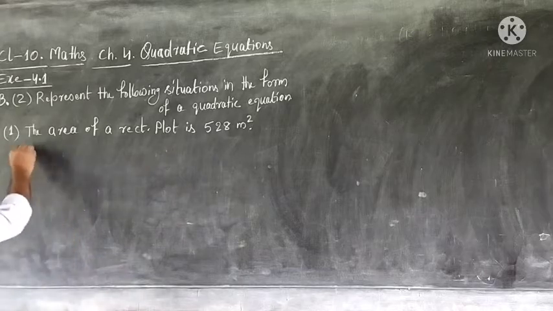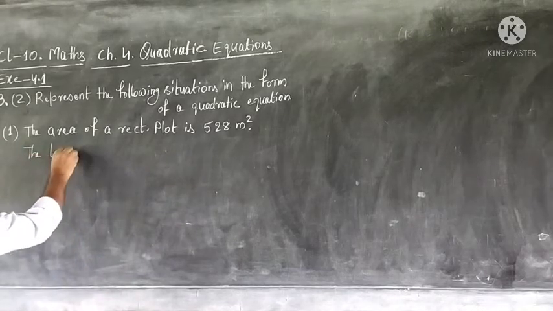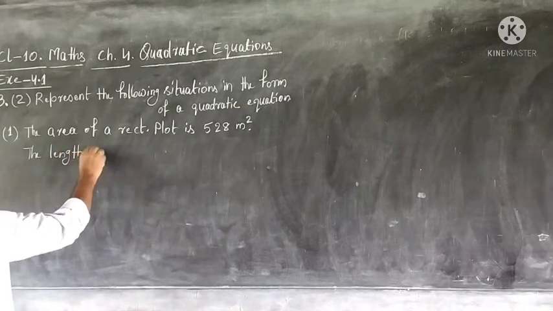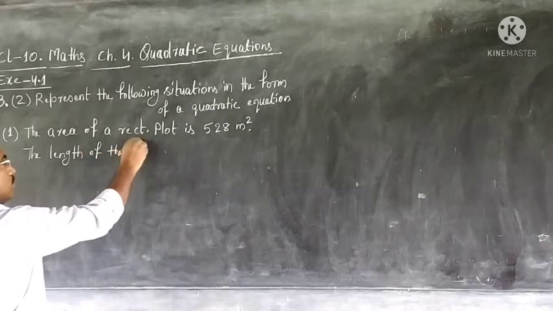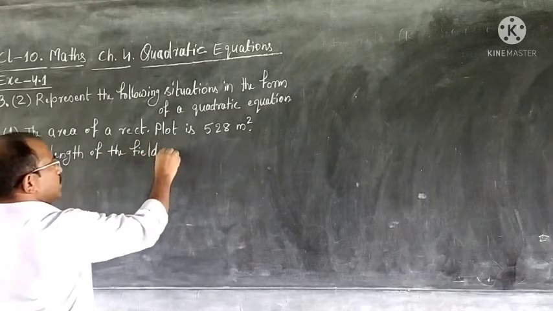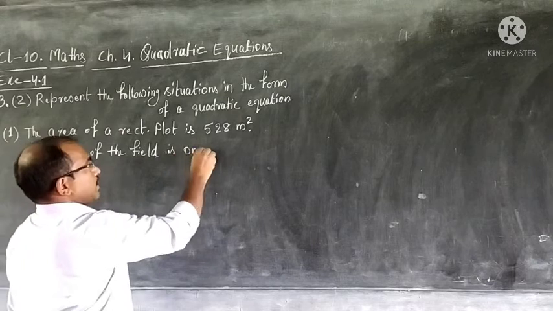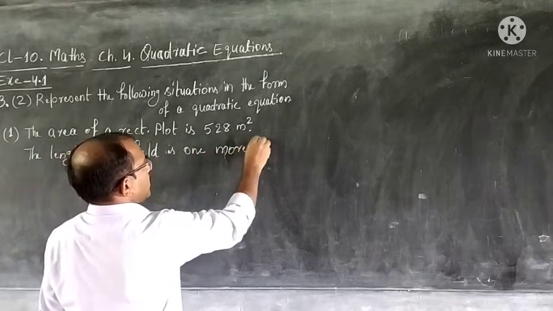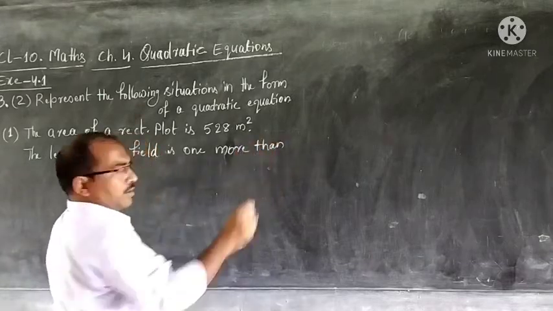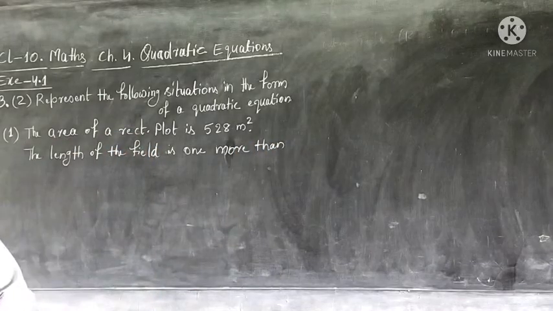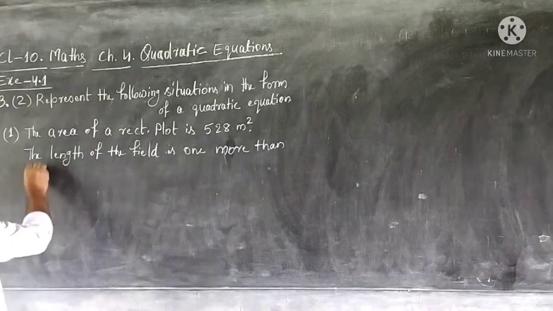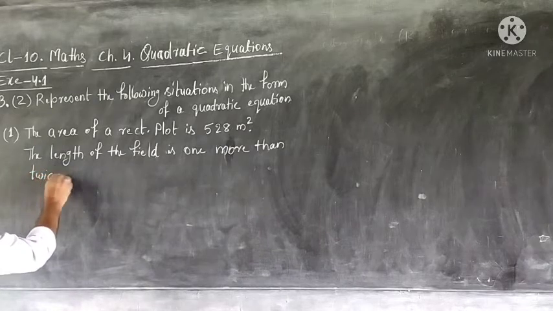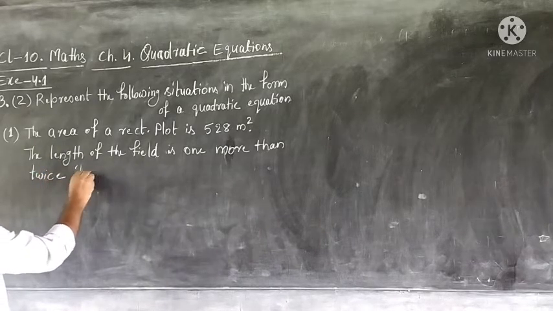We will write that situation also. The length of the field is 1 more than twice its breadth. In this sense, length and breadth are related.